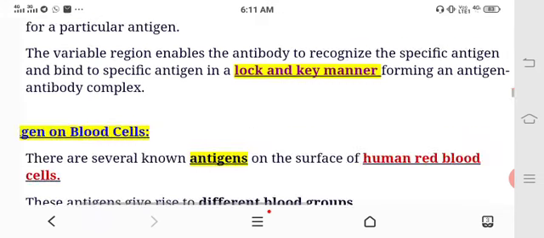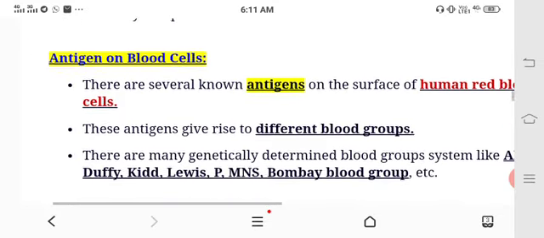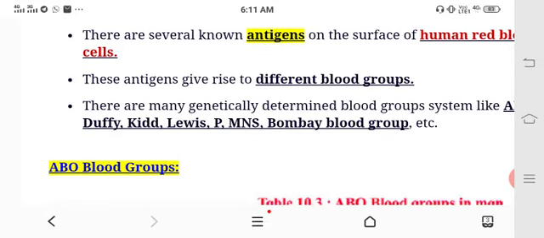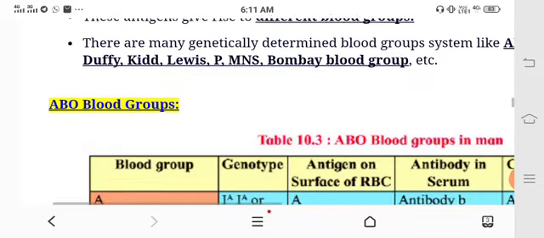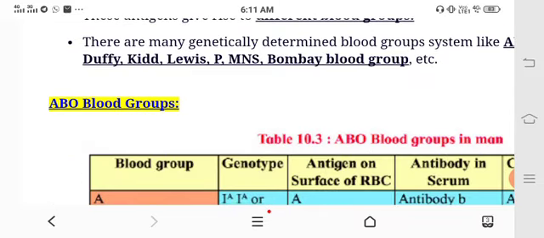Now the next topic, I talk about ABO blood group. There are several known antigens.